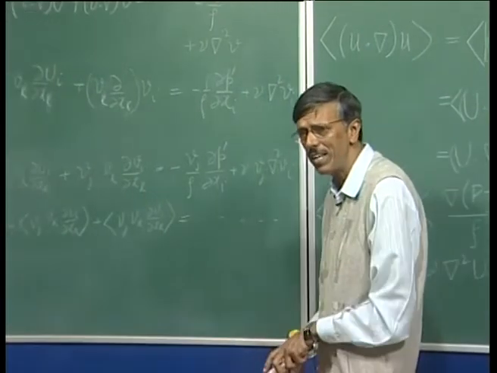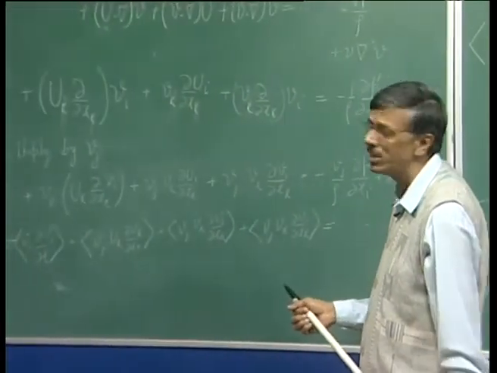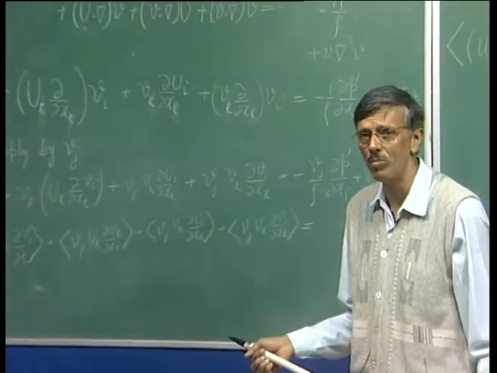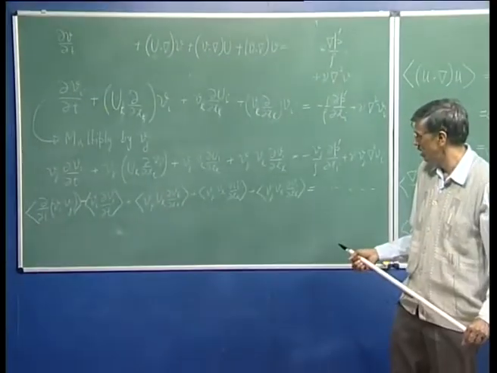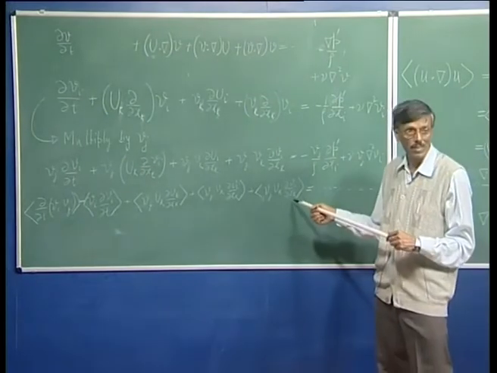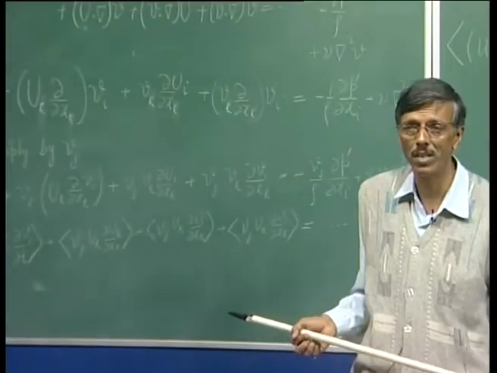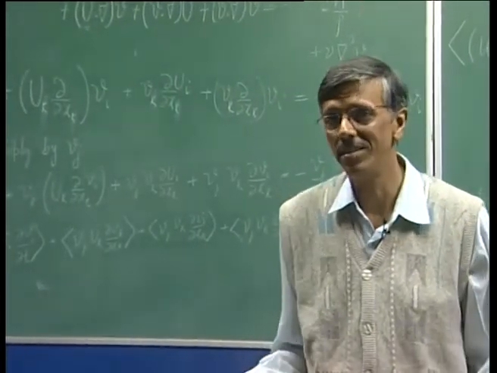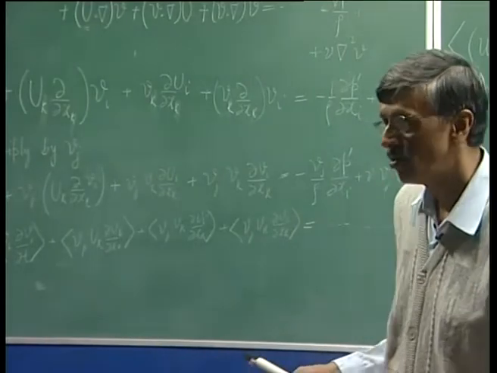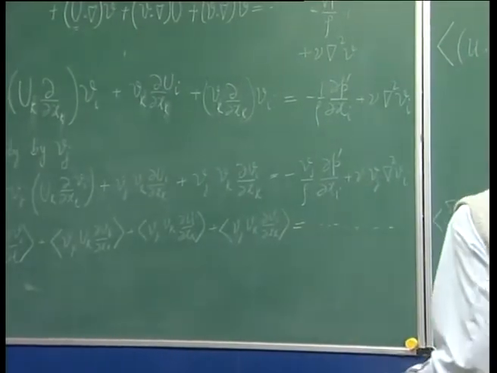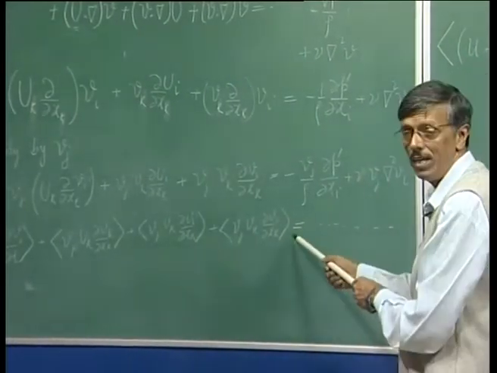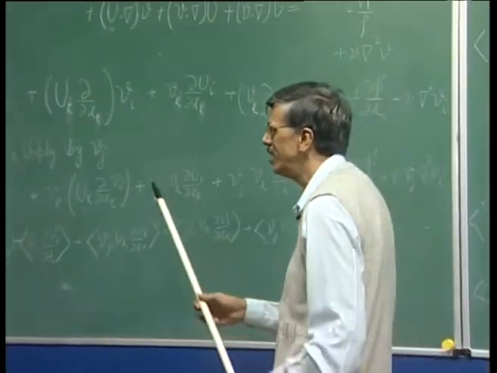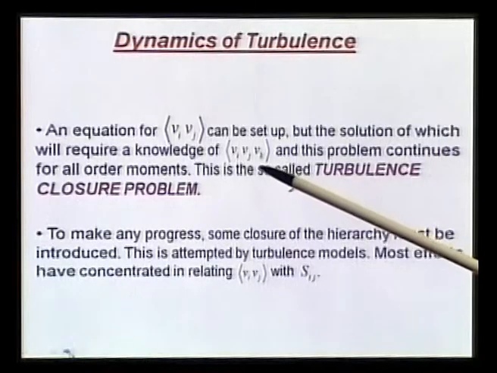So, in writing down an evolution equation for the second moment, Vi Vj being the second moment, I see immediately that here I have a triple product term coming, right. So, in writing an equation for the second moment, we need information on the third moment.